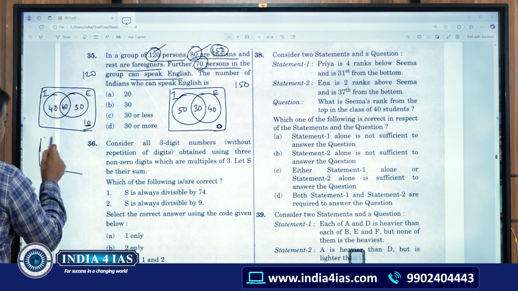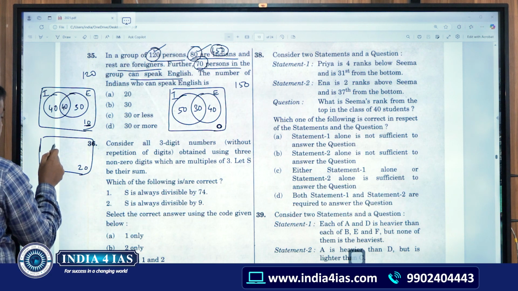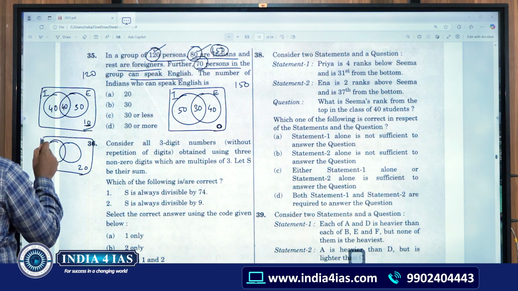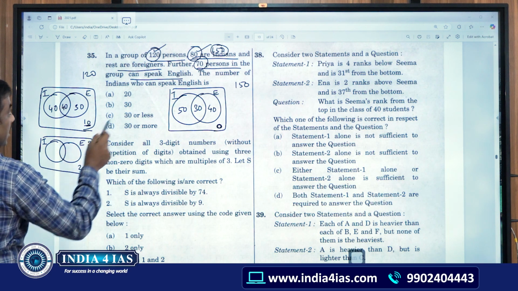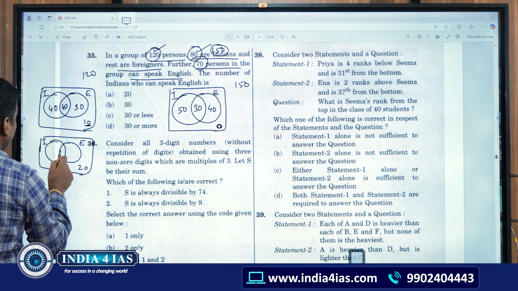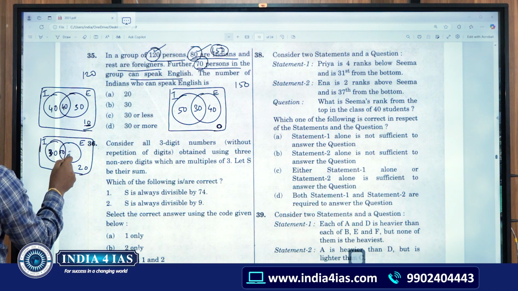I take another case where 20 people are neither Indians nor speak English. Here the total should be 100, but the total is 150. So 50 people are both Indians and can speak English. In that case, 30 will be the people from India who cannot speak English. Then the other people should be 20.